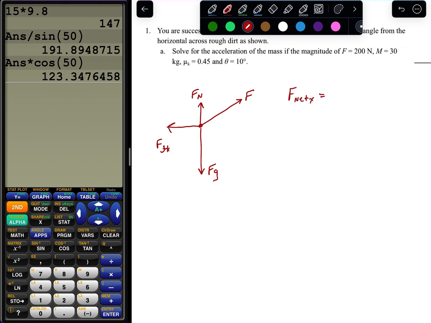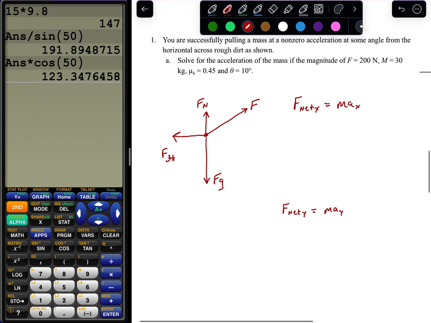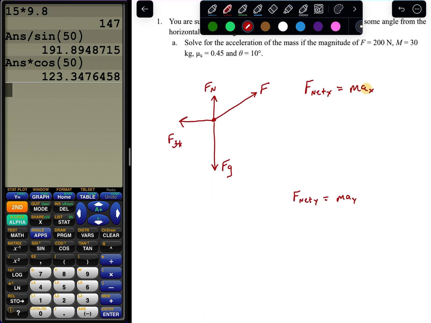F net in the x direction is equal to ma in the x direction, and F net in the y direction is equal to ma in the y direction. Let's go ahead and plug in what we know for both of these and see where it takes us. Because our goal is to figure out the acceleration, that guy right there.